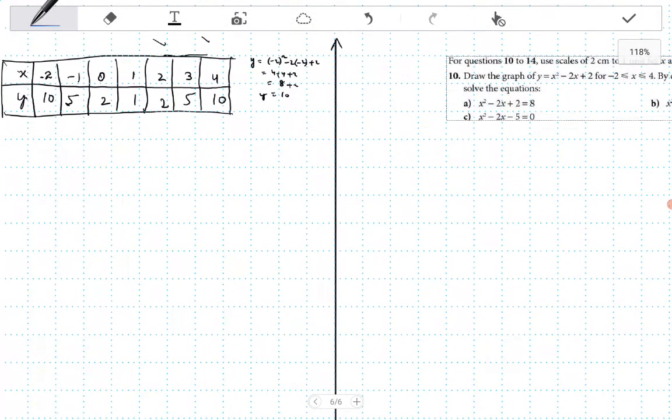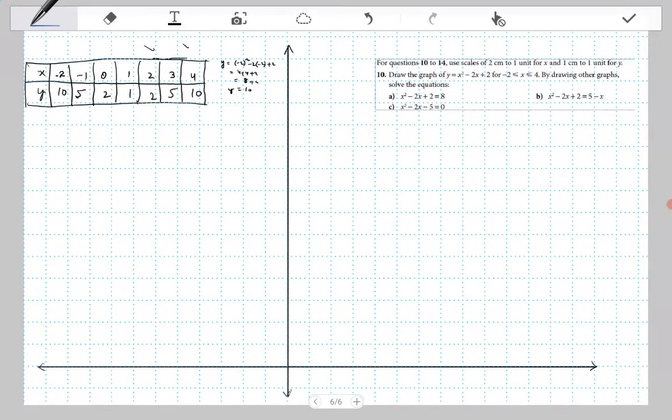I'm trying to completely cover all the points which are necessary for this kind of graph plotting. So first of all I should scale my x-axis and y-axis. How is scaling done? Simply take the steps as per the instruction in the question. 2 centimeters represent 1 unit on the x-axis, so this is 1, 2, 3 and 4. And on the negative side of the x-axis it is -1, -2.